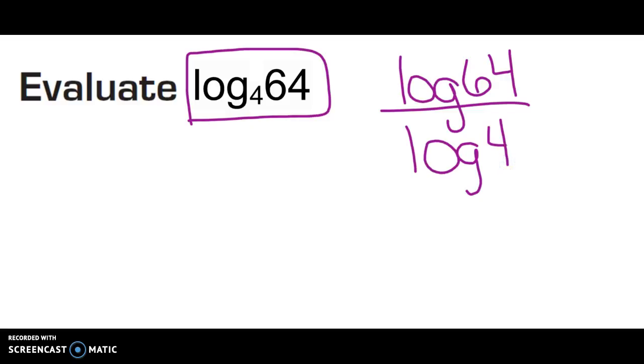That's it. The answer number goes here, and our base goes down here at the bottom. Log on your calculator should be right near the x squared button along the left side. I'm going to hit pause for a minute so you can find it.